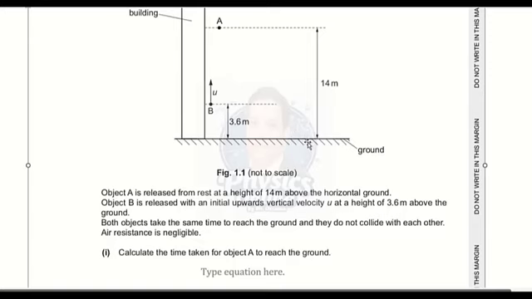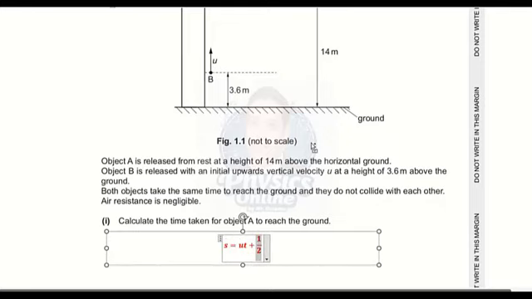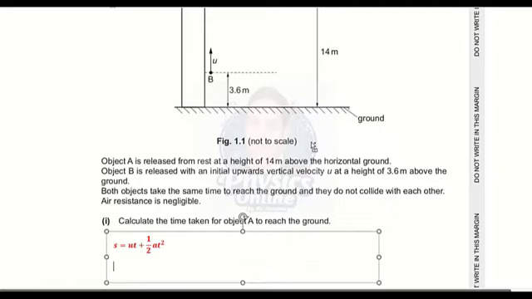So first one is s equals ut plus half at squared. We need to rearrange the equation to make t the subject. Don't forget that u equals 0, so ut equals 0.